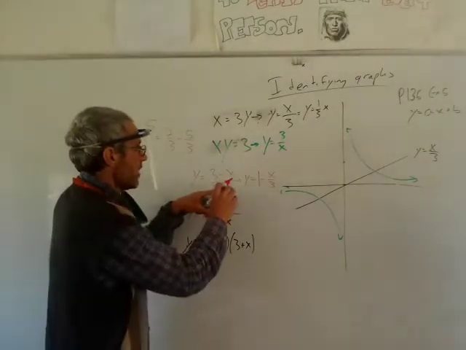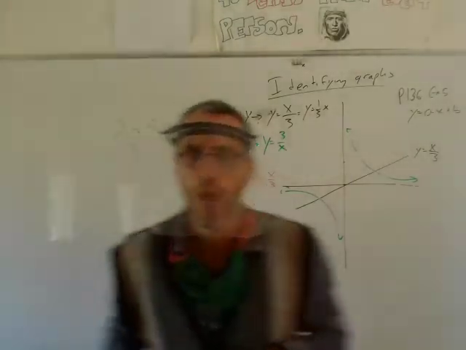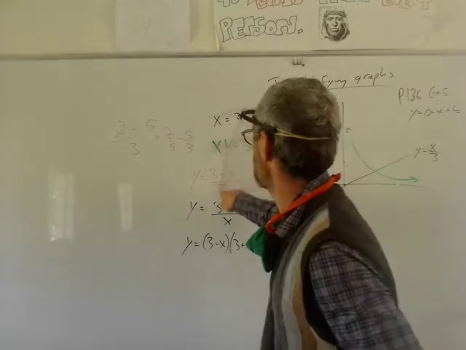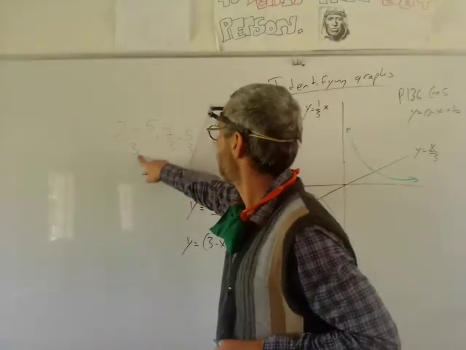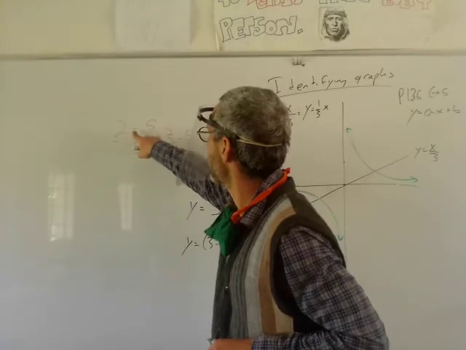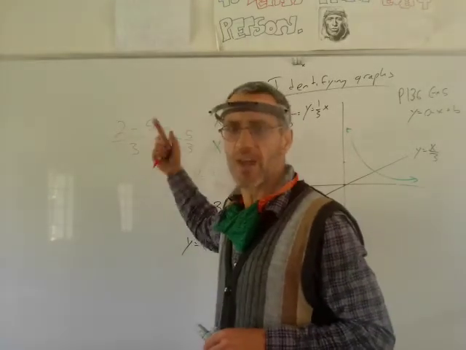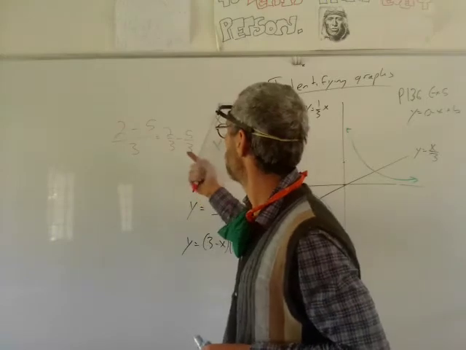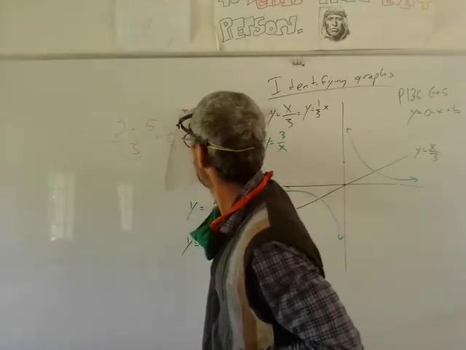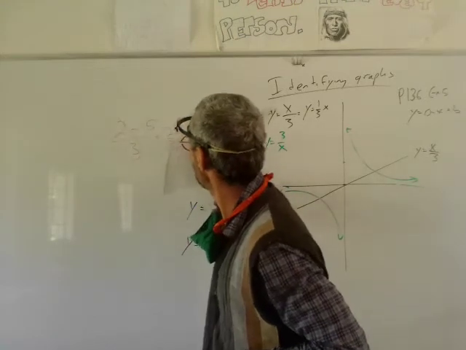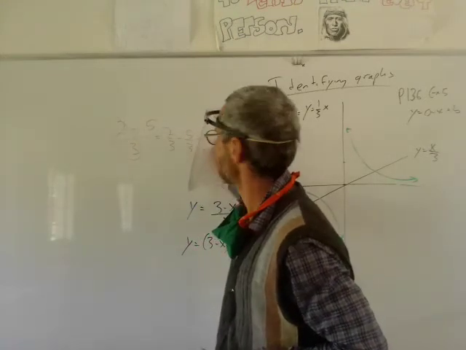I think I just need a little bit of help. How did I go from here to here? I'll just draw it, you can see it. 2 minus 5 divided by 3. I can either say that 2 minus 5 is minus 3, divided by 3 is minus 1. But another way of doing it, I can say it's the same as 2 over 3 minus 5 over 3, which is also obviously minus 1.